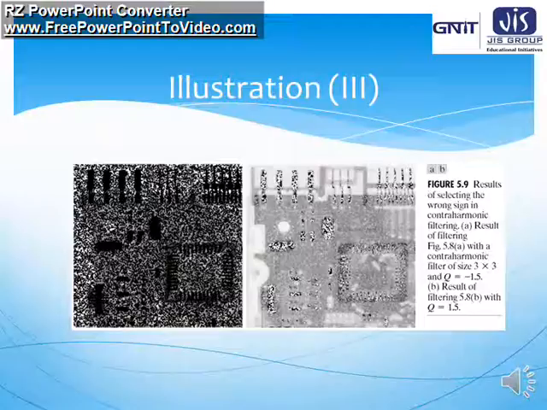In the first image, the result of filtering with a contra harmonic filter of size 3x3 and Q factor of 1.5 has been given, and the second one is the result of that filtering using the Q factor equal to minus 1.5. Here the filter has been selected wrongly, so the quality of the image is not at all upgraded but degraded.